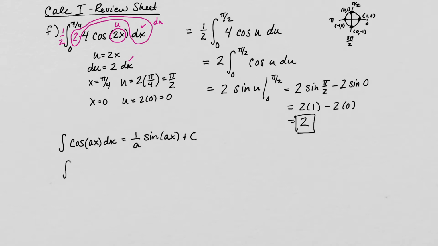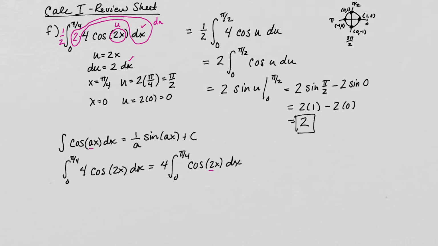So my original problem was the integral from 0 to pi over 4 of 4 cosine of 2x dx. You could do it all in one step, but if you wanted to take 2 steps, I would factor out the 4 first. So this is going to be 4 times the integral from 0 to pi over 4 of the cosine of 2x dx. And then this matches up with my rule, right?